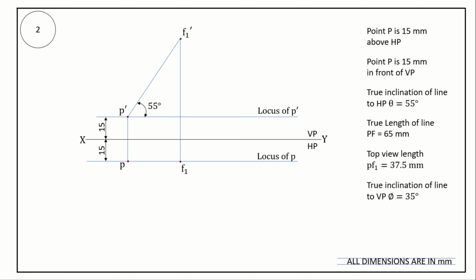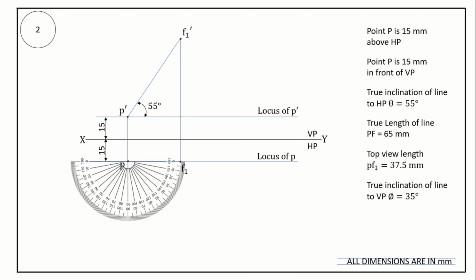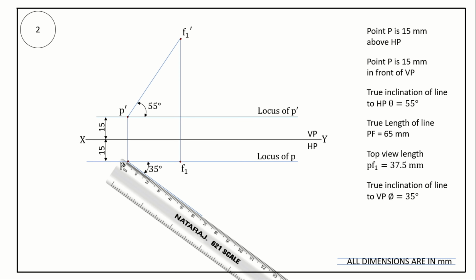Again it is given the true inclination of the line to VP, phi, is equal to 35 degrees. Take a protractor, keep it on the locus of P with reference point P, measure an angle of 35 degrees, and draw an inclined line. Take a scale and measure the true length of line PF, 65 millimeter, from the point P, and mark this point as F2.